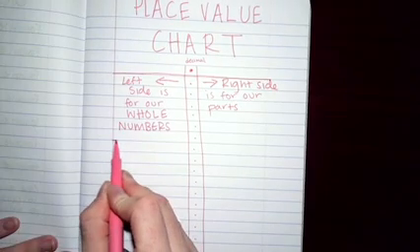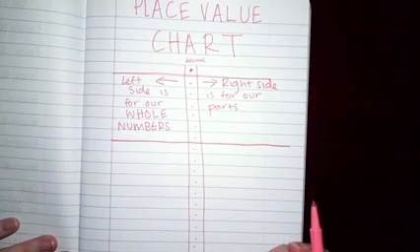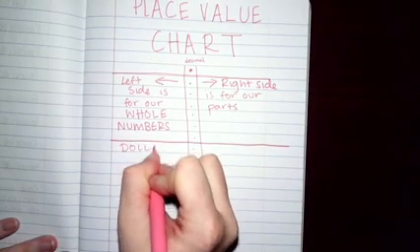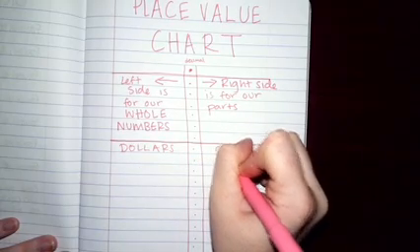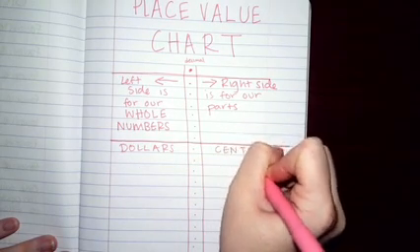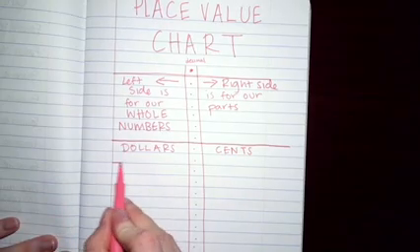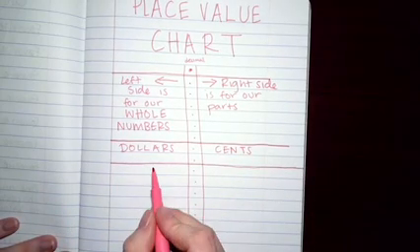So we'll make a line. We look at decimals as money. So these are our dollars. These are our cents. So if we think of it as money, it might make it a little bit easier.